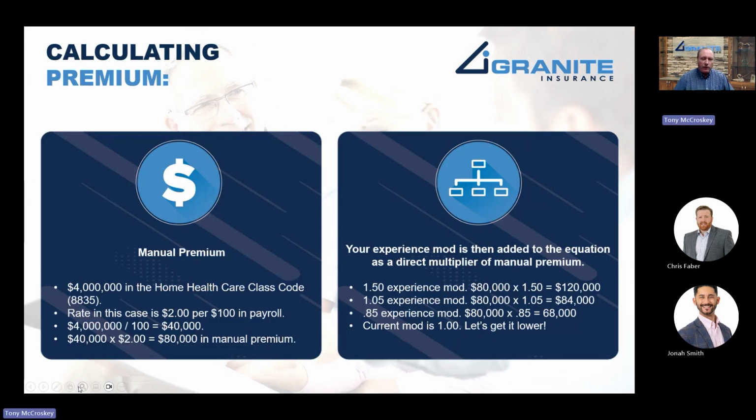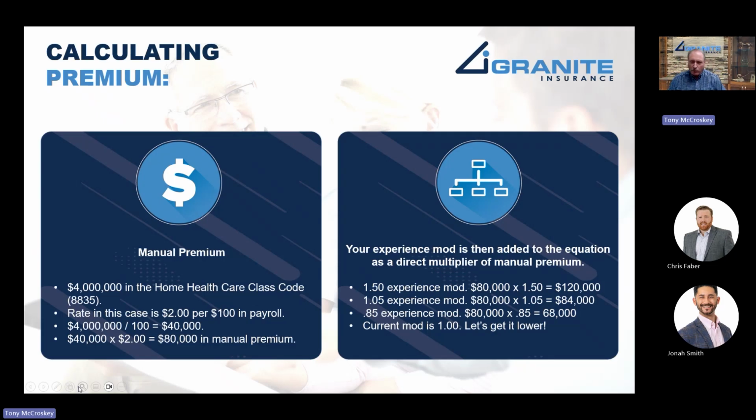Okay, we're going to talk about premium calculation, and this math is very basic, although I will admit that when I was doing some of the math, I did it incorrectly, but it's correct now. If you have a $4 million payroll in home health care, at a $2 rate, then you're going to have an $80,000 premium. Very, very straightforward math.